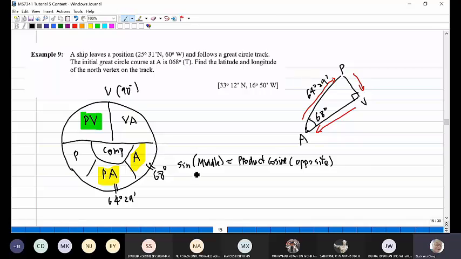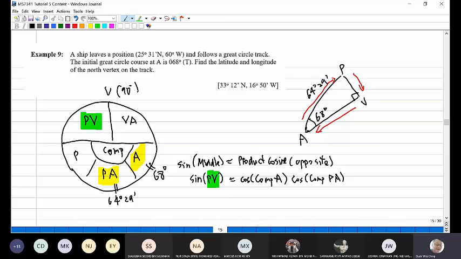So sine of PV now, sine of PV, which I use a green color for. All right, so this is equal to the product of cosines. So this is cosine of co-A, okay, because of the lower half, and cosine of co-PA because of the lower half here.